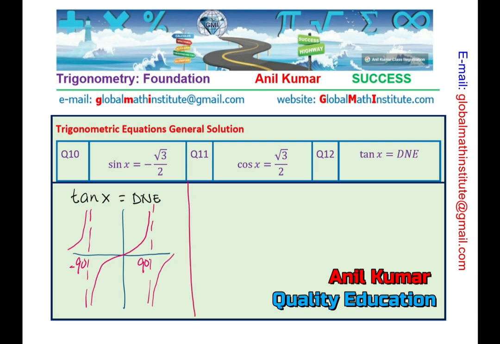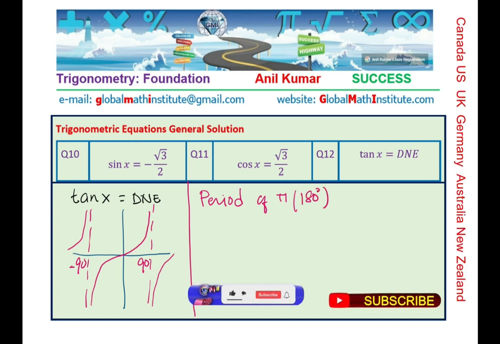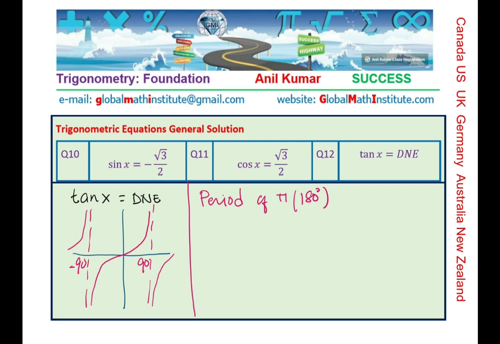So a few things are important here. First, we understand that tan has a period of pi. So you have to add pi, or we can say 180 degrees, correct? So tan has a period of pi, or 180 degrees. So we have to add 180 to 90. 180 to 90 means 2 times 90.